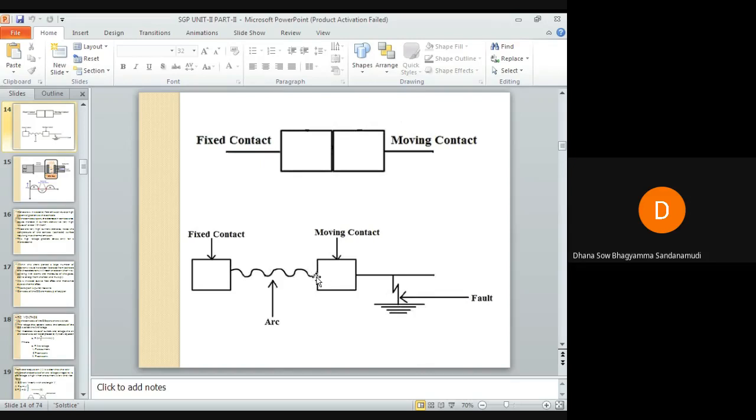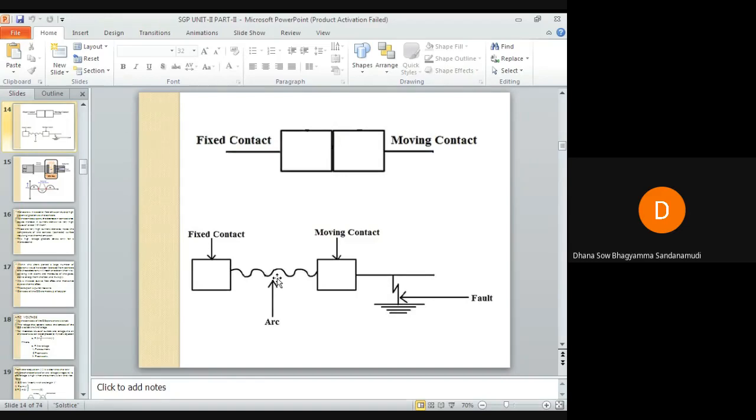Now, as the contacts are moving apart, the decrease in the contact area will cause the current density to increase to a very high value of around 10 power 6 amperes per centimeter square. These are very high current densities.